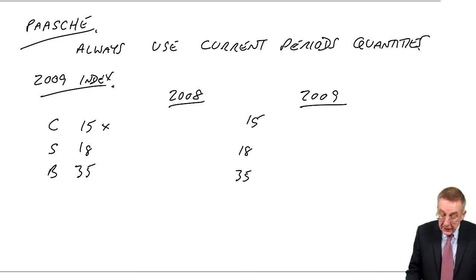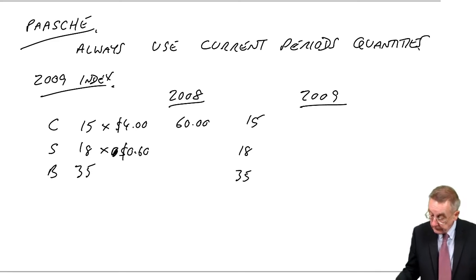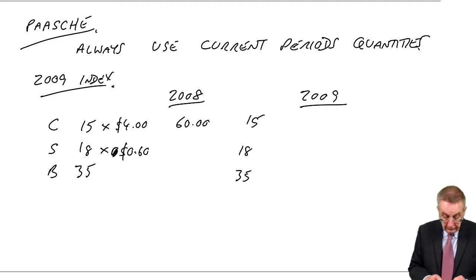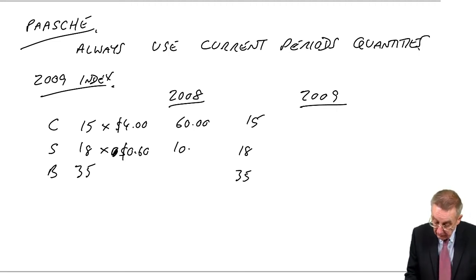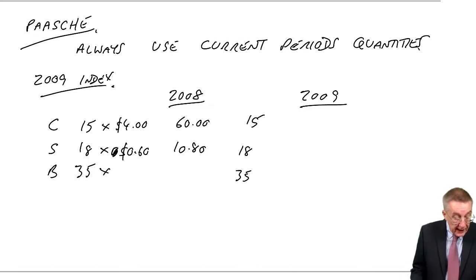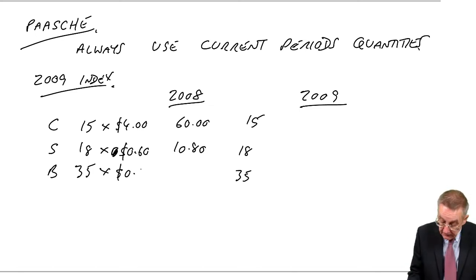So in 2008, coffee was $4. Sugar was 60 cents. Bread was 80 cents.